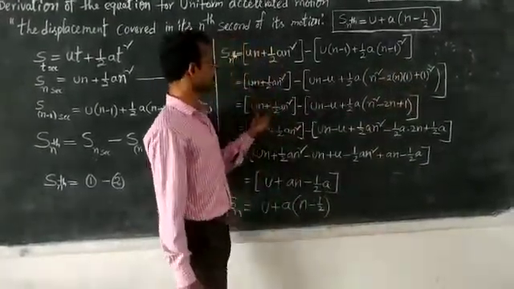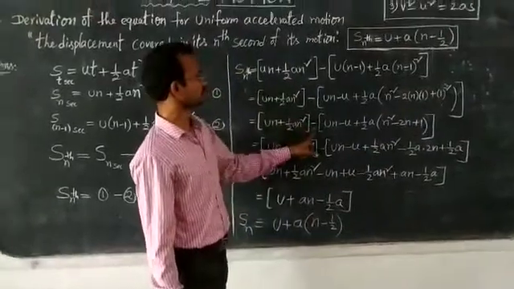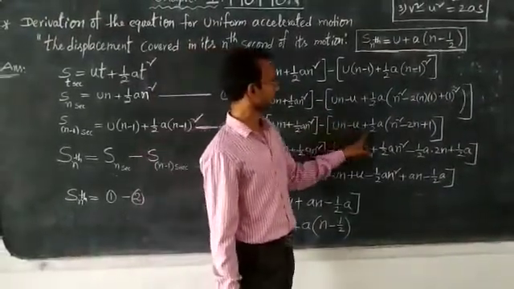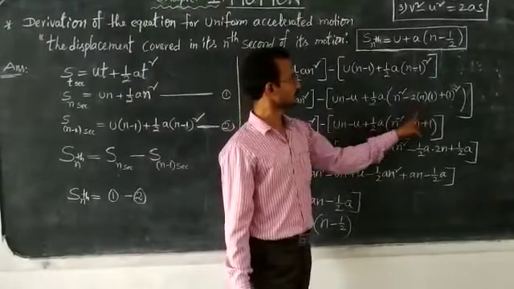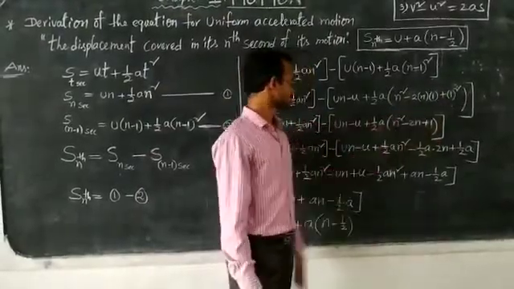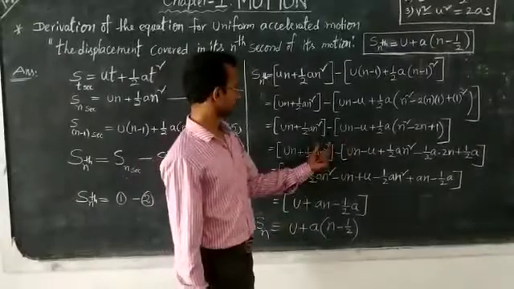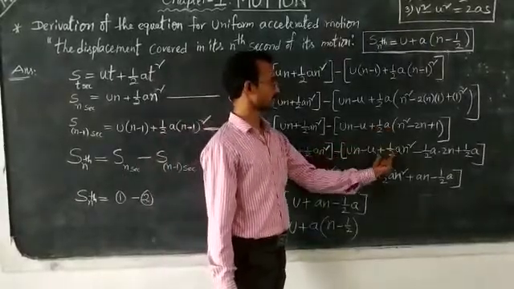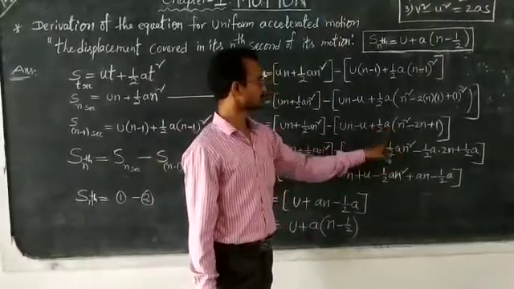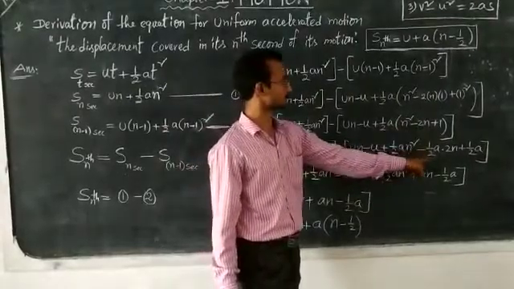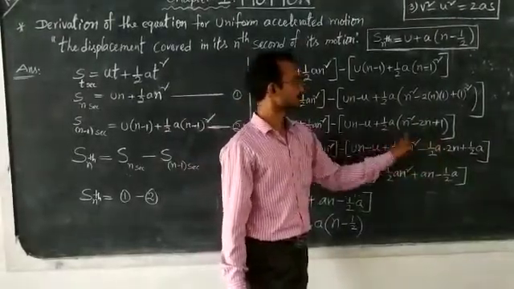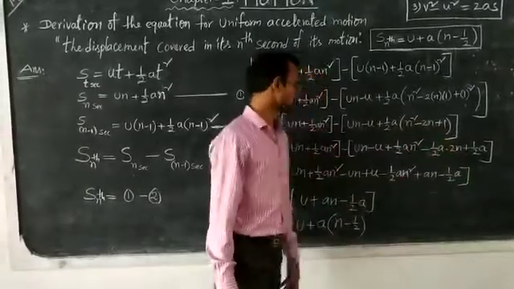Un plus half an square minus un plus u minus half a into (n square minus 2n plus 1). Multiplying with half a, we get half a n square, half a into minus 2n, that is minus an, and half a into 1, half a.